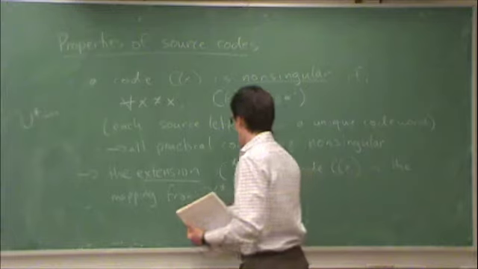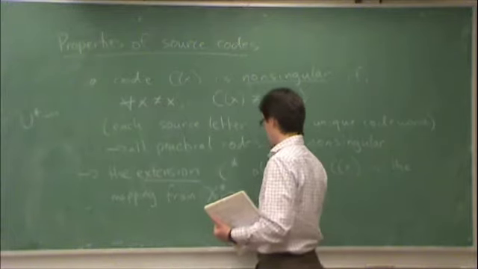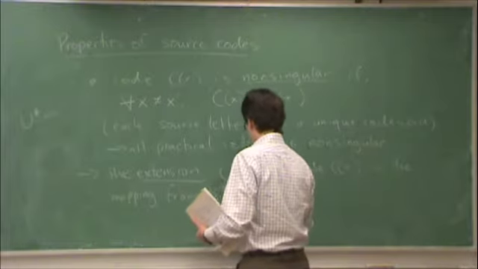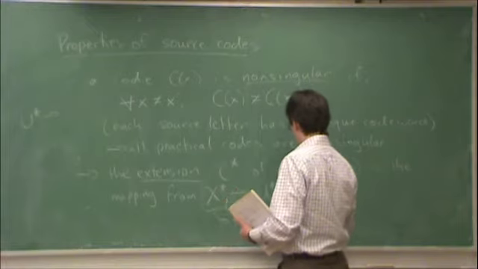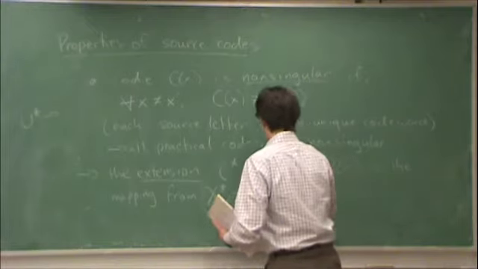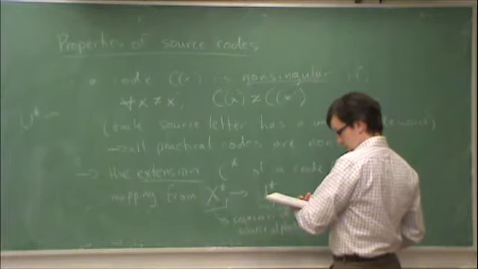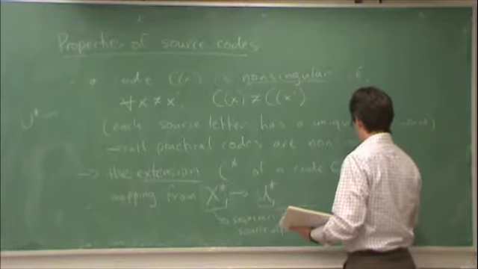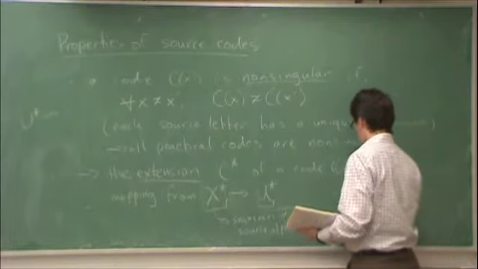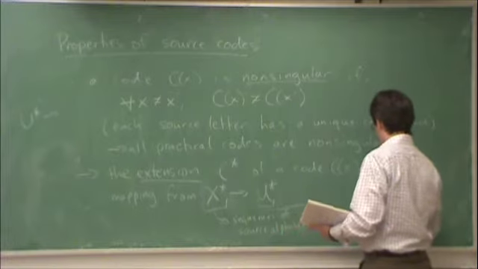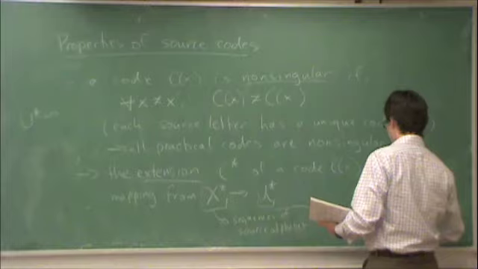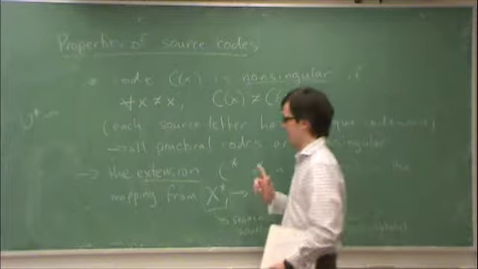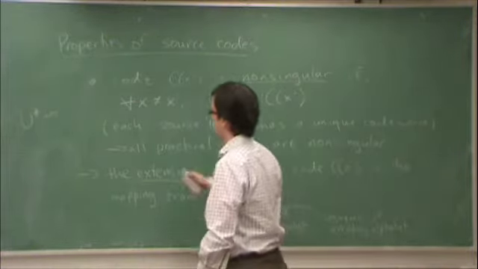X star is the set of all sequences of the source alphabet, and U star is the set of all sequences of the encoding alphabet. Now we have a mapping not just from letters, but from sequences of letters.